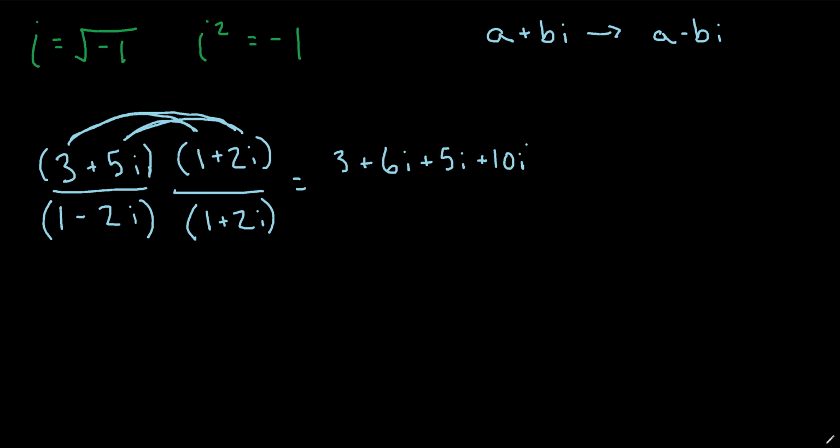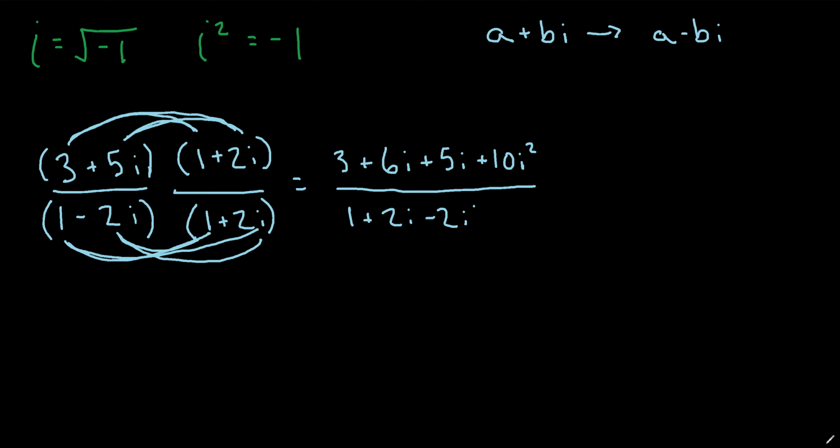That's what we have in the numerator. In the denominator, we have 1 times 1, and then 1 times 2i, so that's 2i. And then we have negative 2i times 1, that's minus 2i. And then negative 2i times 2i, that's negative 4i squared.